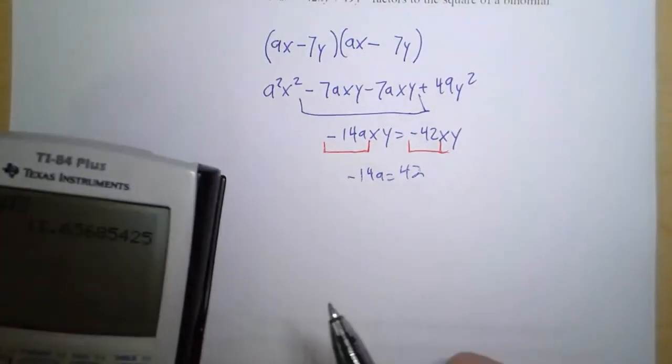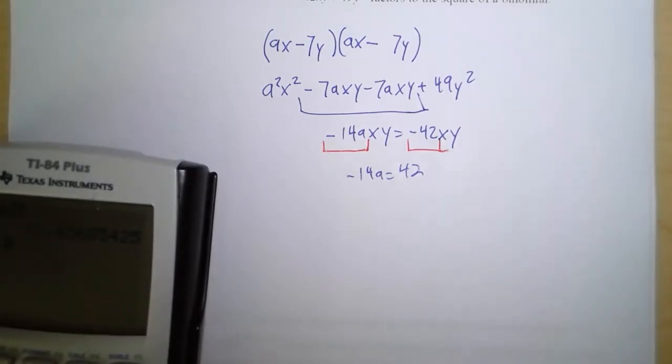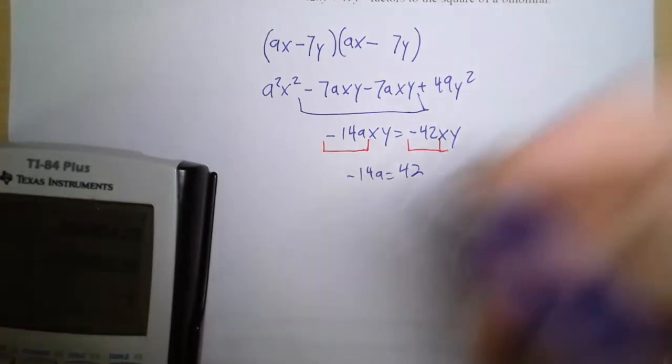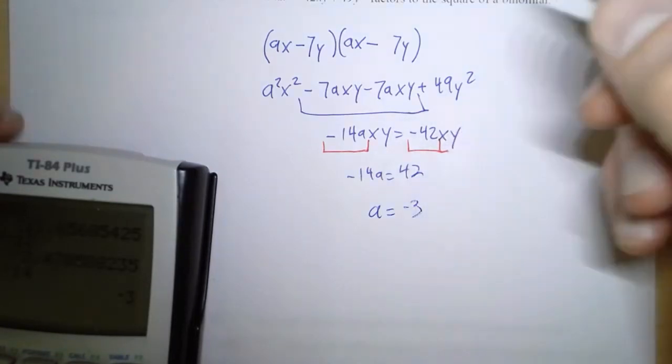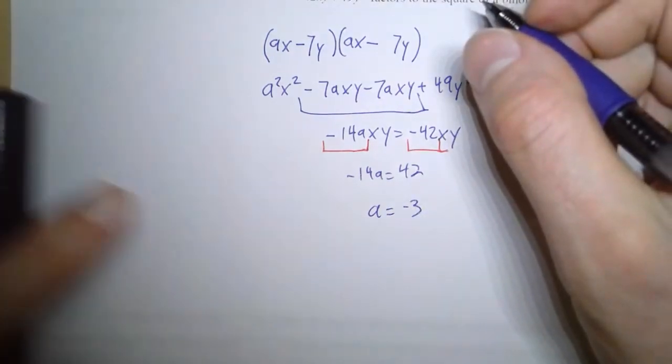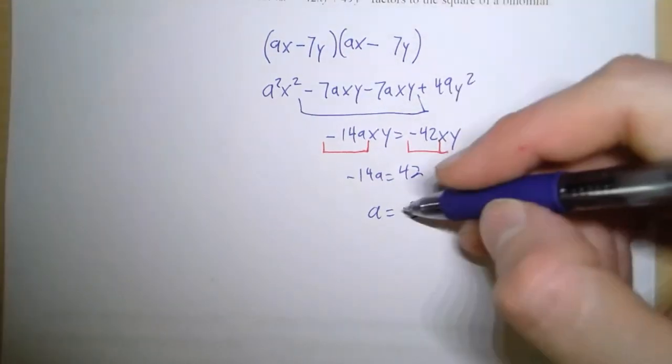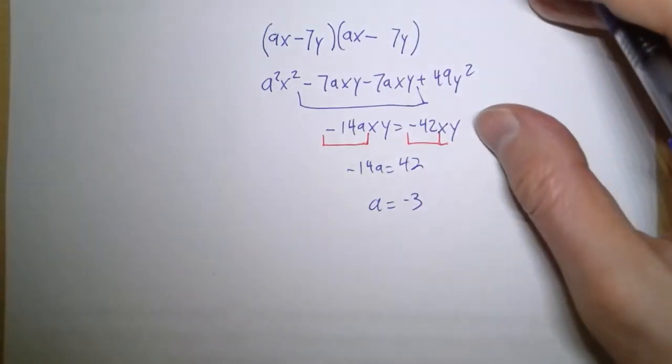So if we take 42 and divide by negative 14, we get a value of a equal to negative 3. So that means that whatever this a is has to have been negative 3.